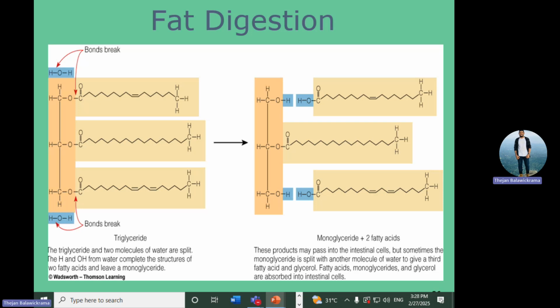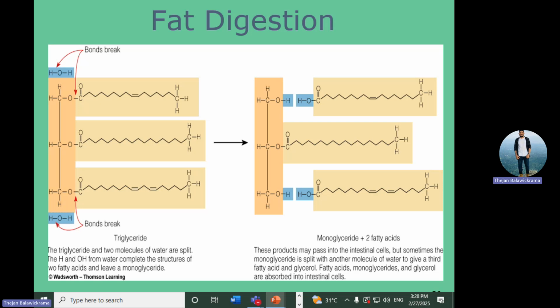Now here you see what has happened. The top and bottom two bonds are broken. That also can be broken, no problem. So I have shown here that the top and bottom bonds are broken. Then a fatty acid molecule comes, another fatty acid molecule comes, and the middle part remains. So basically the molecule has been broken into 3 pieces.